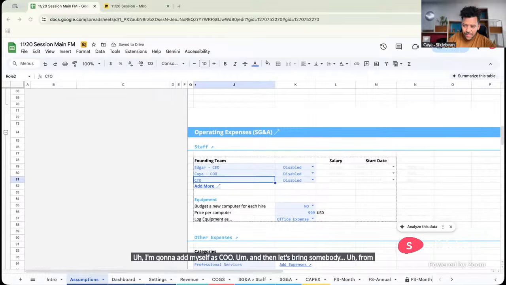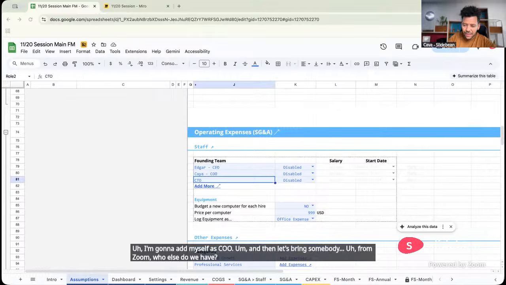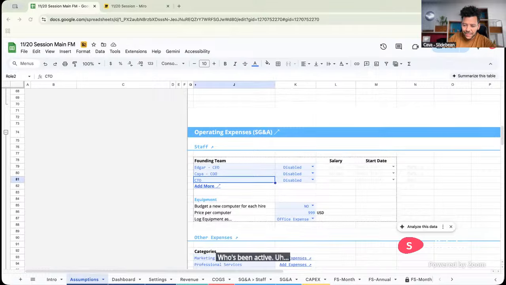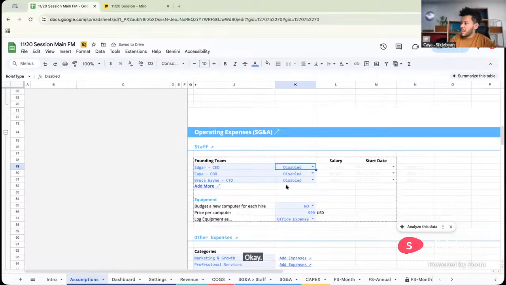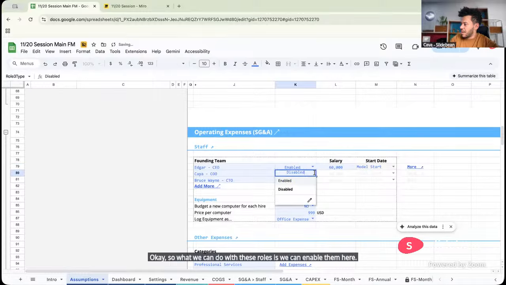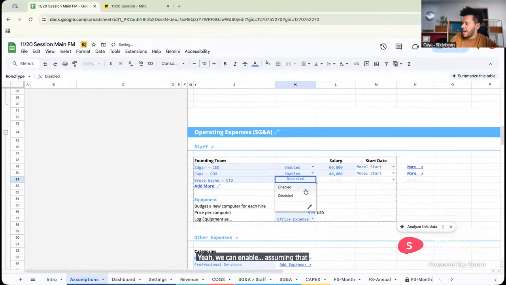Who else do we have who's been active? Sorry, didn't find anything. Anyway, let's just add Bruce Wayne as CTO. Okay, so what we can do with these roles is we can enable them here, assuming that we're going to have that hire.